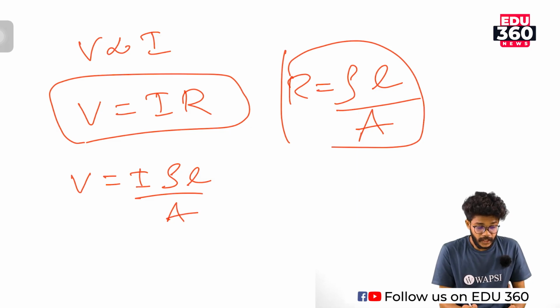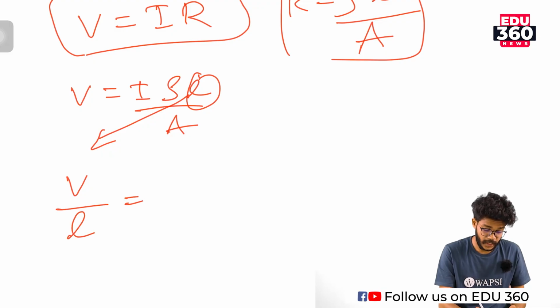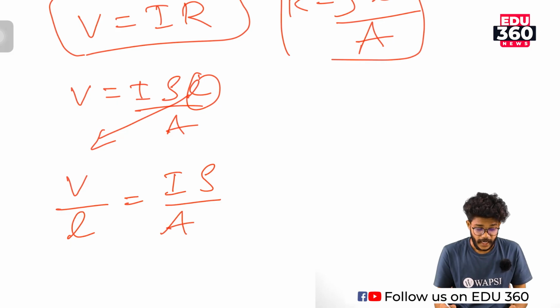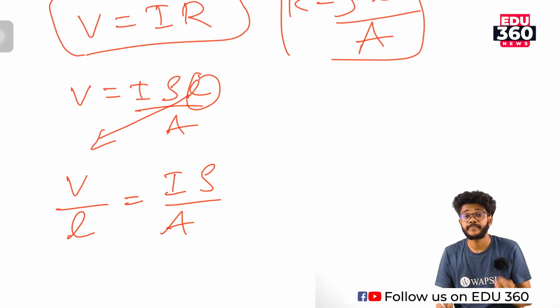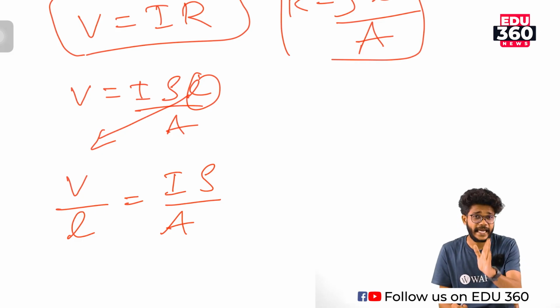Okay, and so V by L, we can take the L to the left side. The voltage per unit length is equal to current into rho by A. And what is current per unit area? I already said that A is the cross sectional area.